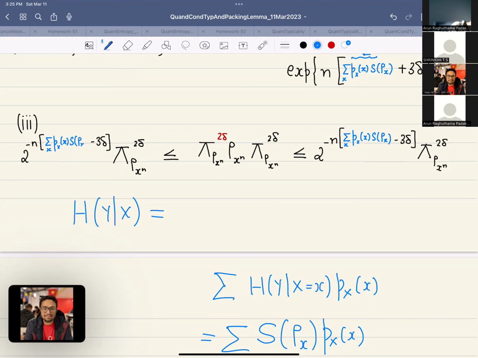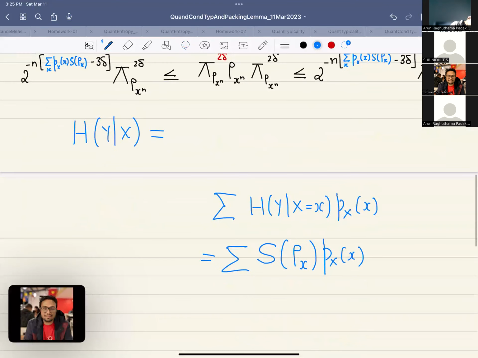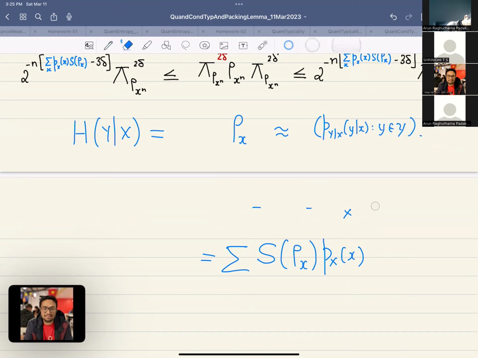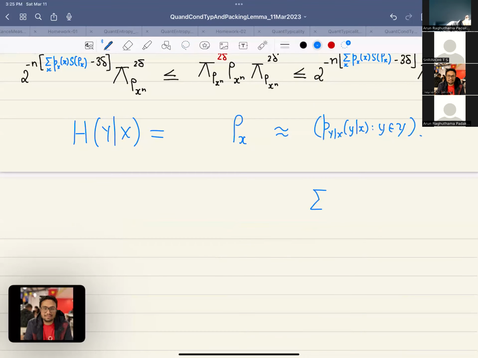In class I told you that rho x corresponds to the PMF P of y given x, y belonging to Y. Now, if you look at that, you essentially get an average of these conditional entropies.